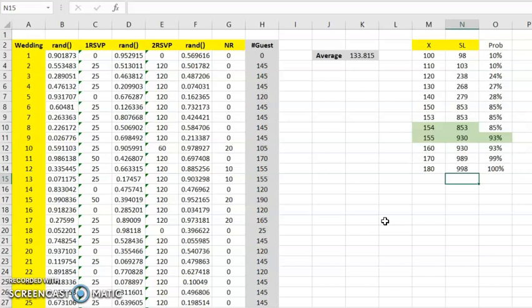What if we get prepared for 154? Again, according to the simulations that we have, 85% of the cases are smaller than that. So the answer to this question would be 155.